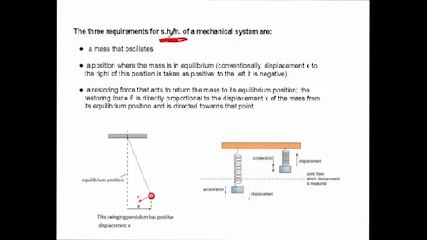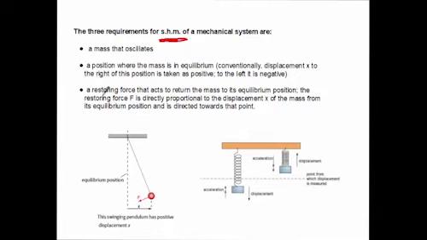Now for an oscillation to be simple harmonic motion, we have requirements. This is the mass here, this is a position where the mass is in equilibrium, as we have seen. This is the equilibrium position for the pendulum. This is the equilibrium position for the mass spring system.